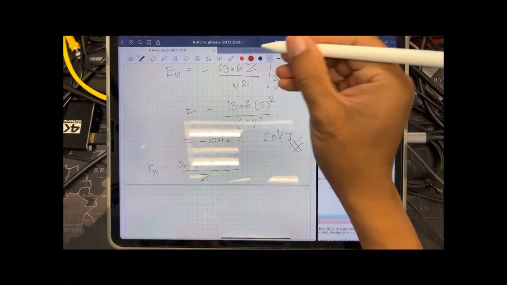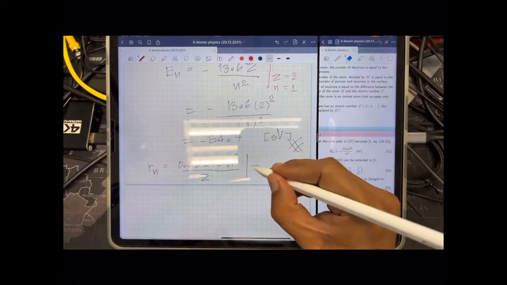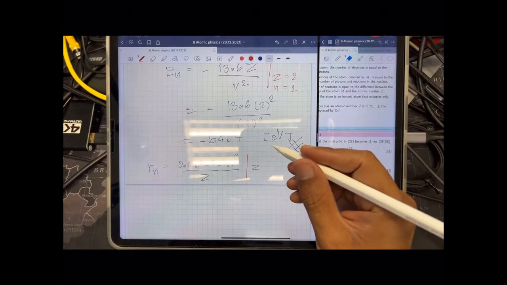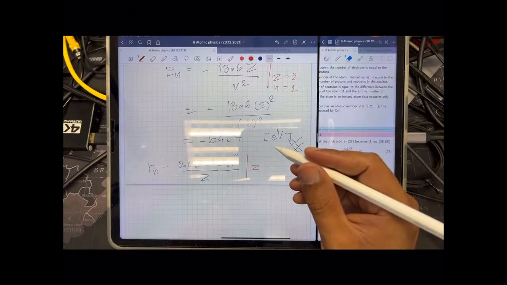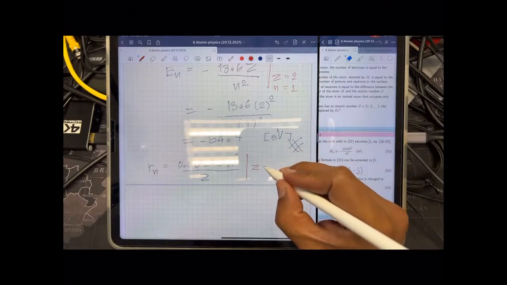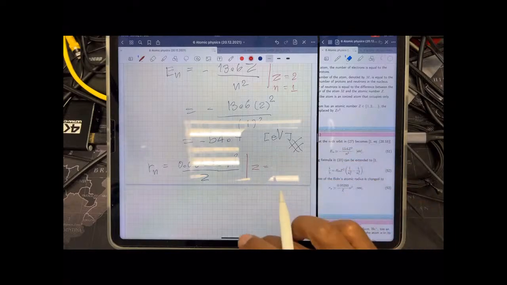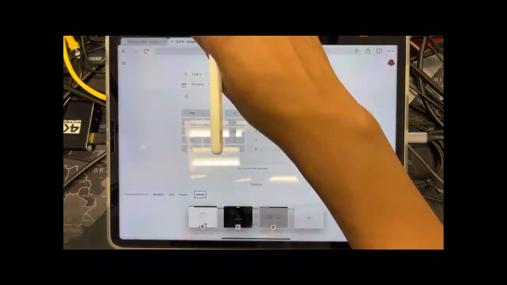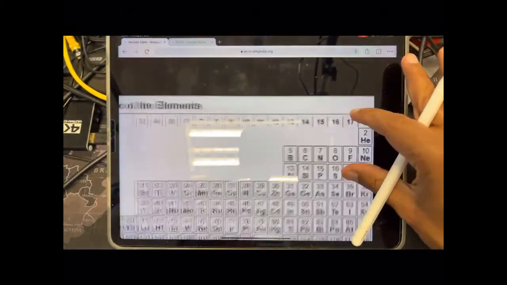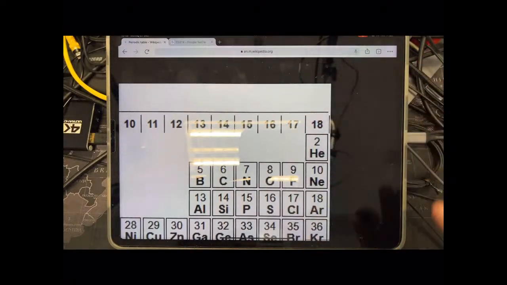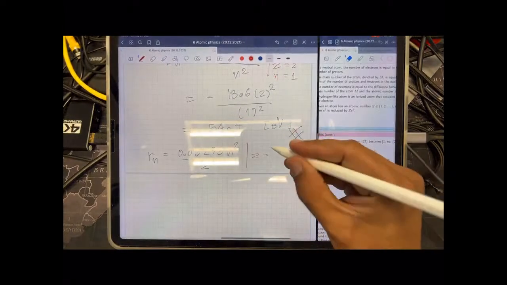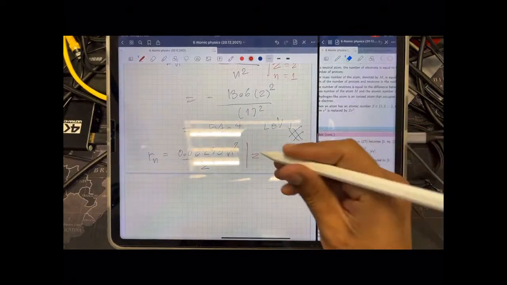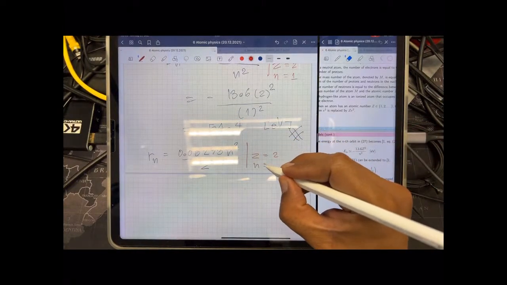And in the same way, we have to replace the atomic number by 2, because this is the helium atom, and from the periodic table it corresponds to Z equal to 2, right? So Z is number 2, and for n we consider the ground state.